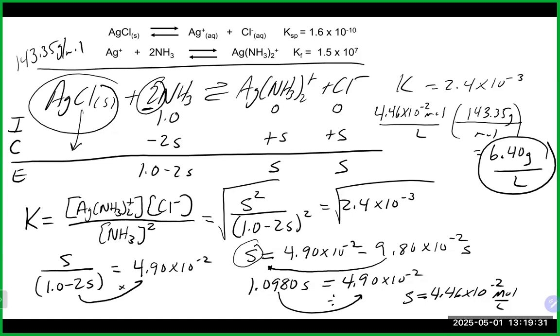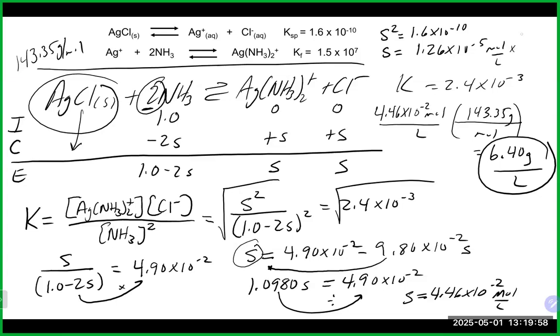Now, we actually did the solubility of silver chloride earlier on in this chapter, and that would give us basically S squared is equal to 1.6 times 10 to the minus 10. Square rooting both sides would give us a molar solubility of silver chloride in water of what we saw earlier, which was like 1.26 times 10 to the minus 5 moles per liter.